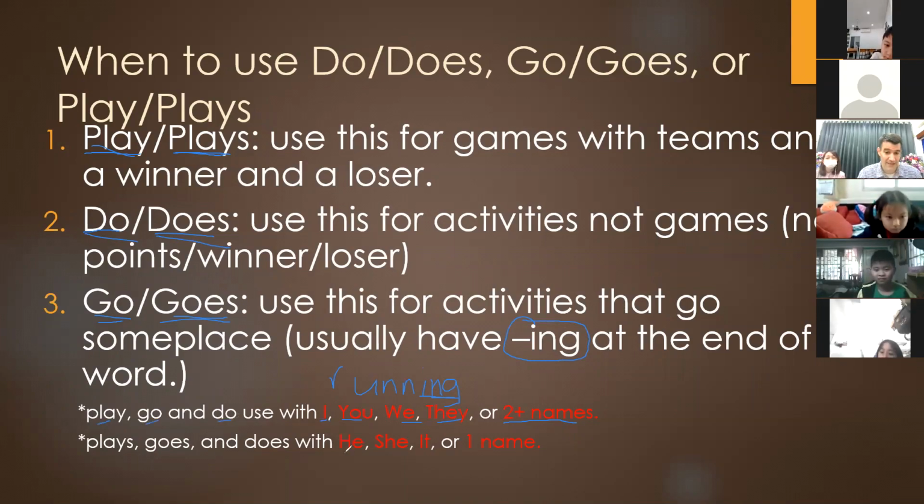But if he, she, it, or one name is doing the action, then we have to add an S or ES. This lets us know who is doing the action. We have to make the verb agree with the pronouns. So now I will give you some practice. I think this is review, so you should be able to do it.